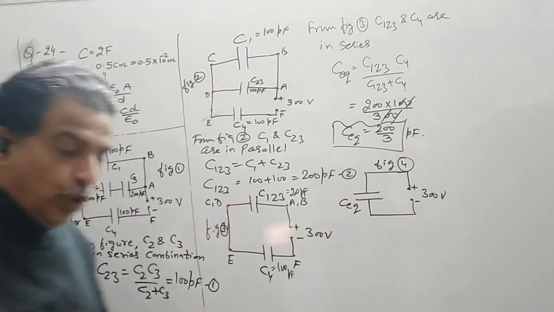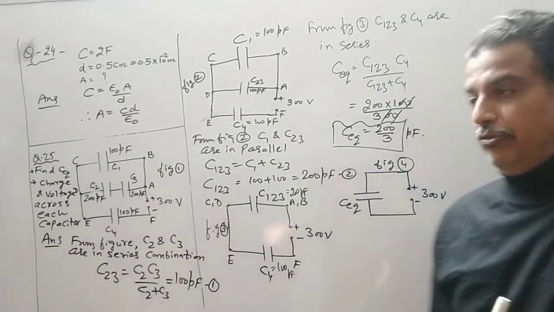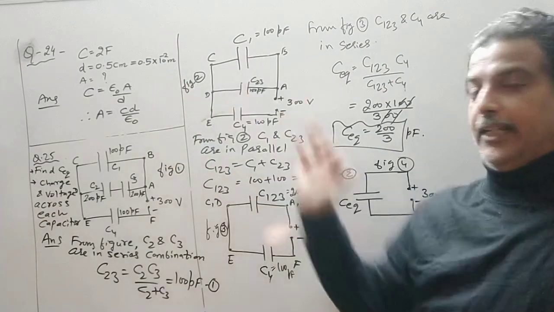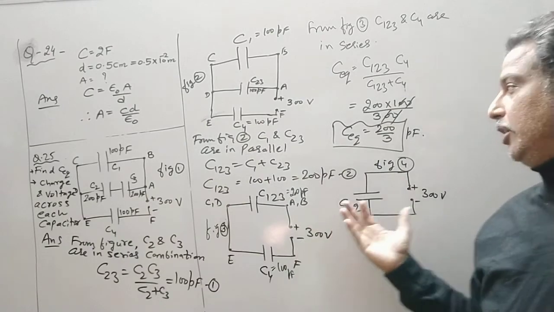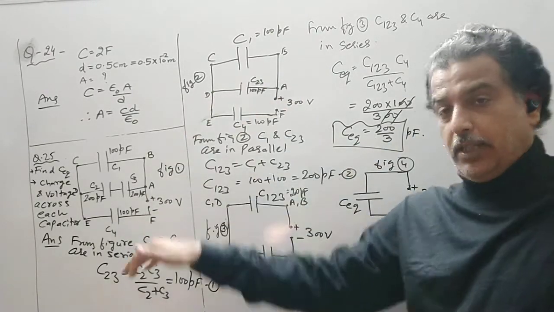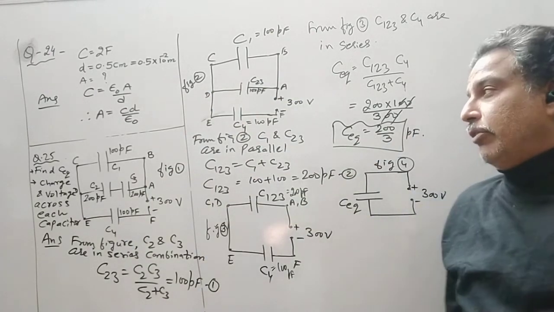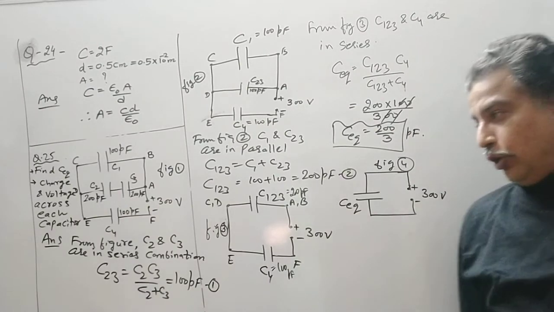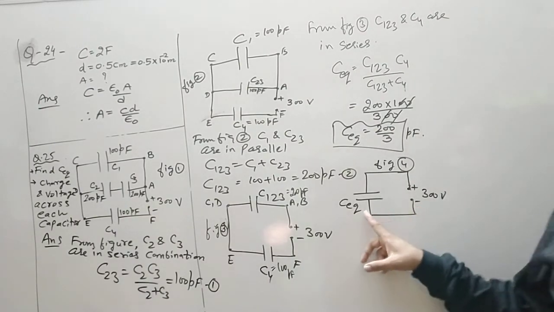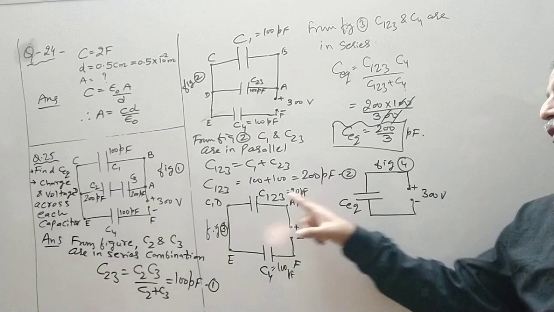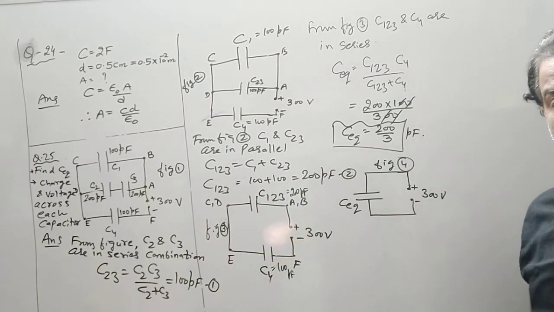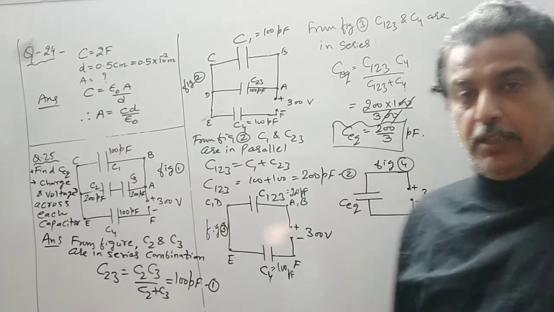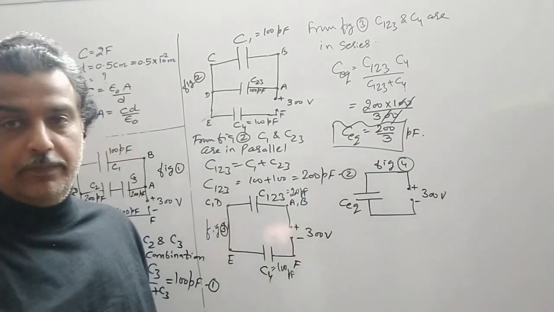Now as I told you, we draw these equivalent diagrams, but when you have to find out the charge and the voltage, you have to go in a reverse order. You have to see the reverse diagram. Now C equivalent is made up of the series combination of this, and we know in series combination the charge remains same.